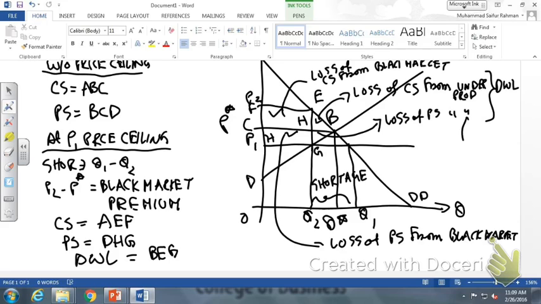The upper rectangle is the loss of consumer surplus from underproduction because our consumers buy less of the good, and the lower rectangle is the loss of producer surplus from underproduction because our producers sell less. Our buyers buy less, our sellers sell less as a result of underproduction, and both of them are loss from the society's perspective. It is called deadweight loss.